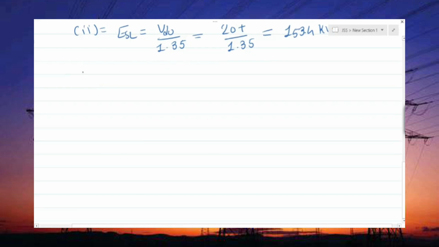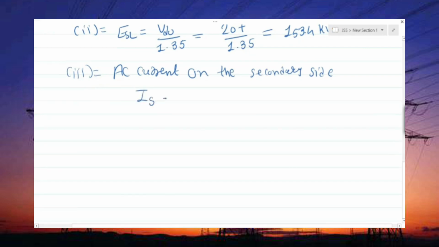Next is the AC current on the secondary side. You know the equation for the AC current on the secondary side: IS is equal to under root of 2 by 3 ID.